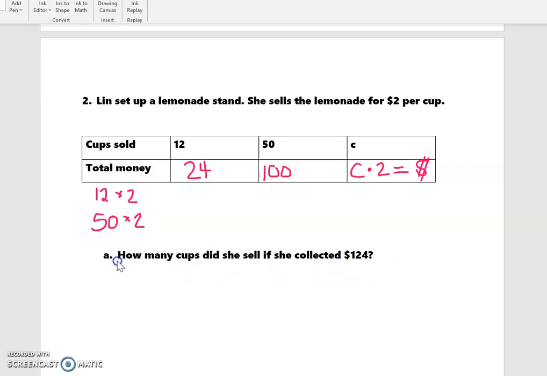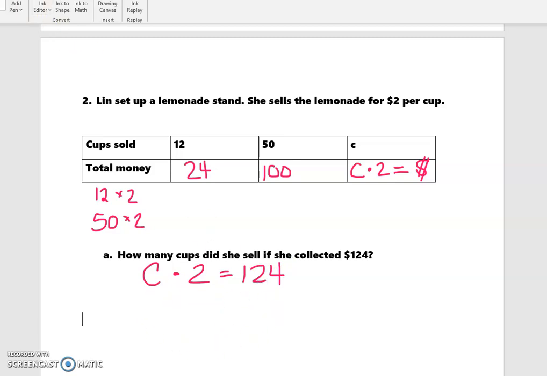The last piece here says how many cups did she sell if she collected $124. So I take this equation, the number of cups we don't know, so we're leaving that still as C. We would multiply the number of cups to figure out the total amount of money she makes, which is $124, so I'm replacing the dollar sign with 124.